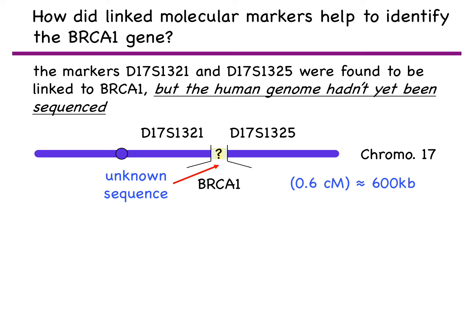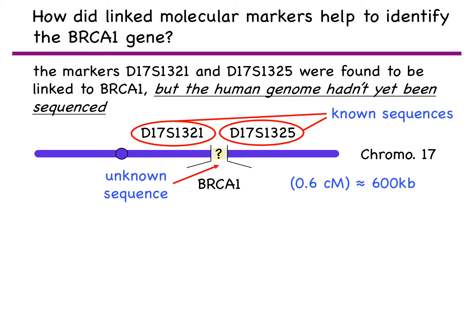And if you recall something that I said in an earlier lecture, one centimorgan in humans is 1 million base pairs. So the fact that this interval is defined by these two markers was 0.6 centimorgans. That says that this sequence here must have been about 600,000 base pairs. So a lot of DNA sequence in here, probably containing multiple genes.